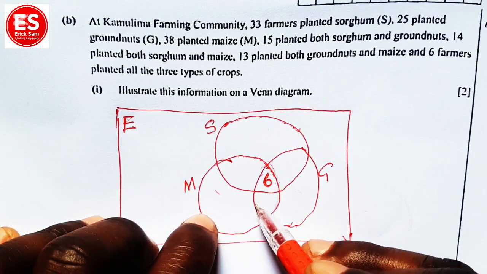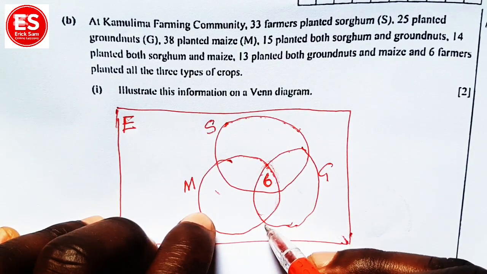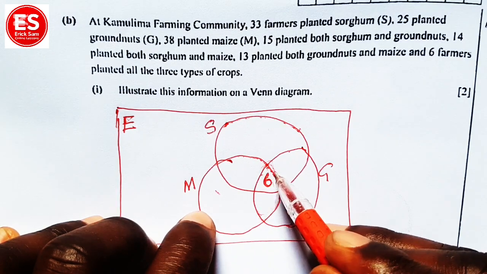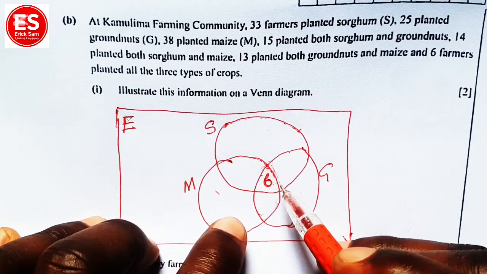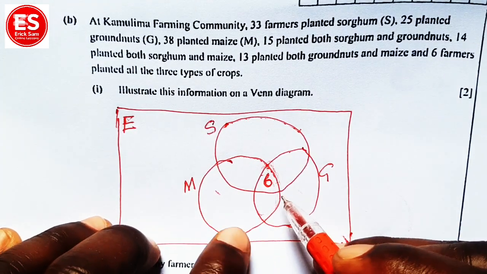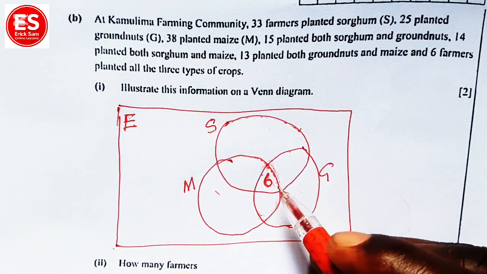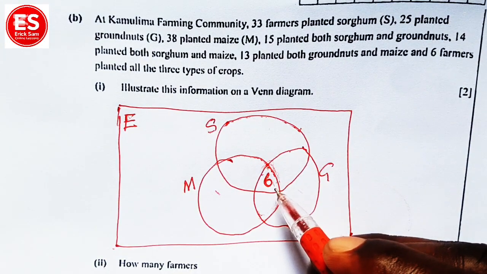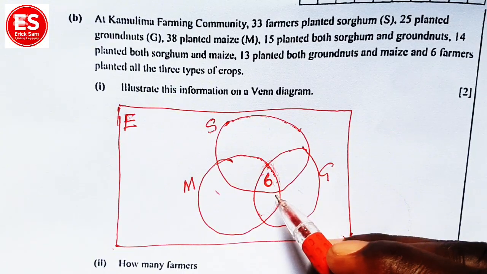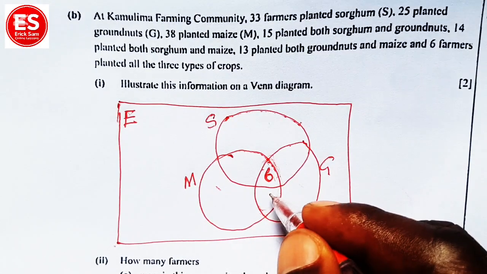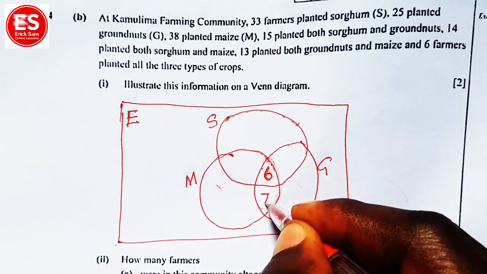If you look at this part, we already have 6, so we have to subtract. 13 minus 6. What is the answer? We are going to have 7 here.